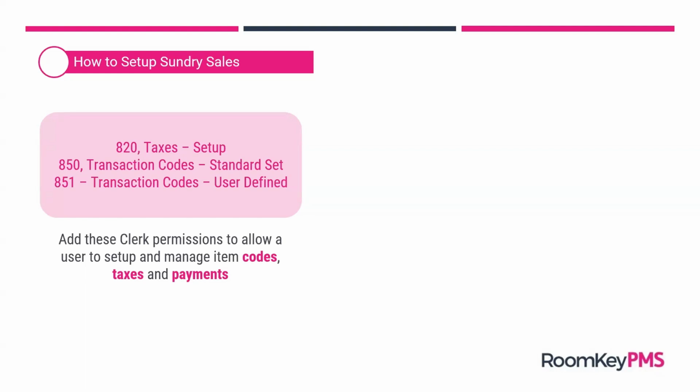So within the Sundry Sales module, whenever you record a sale, it's going to be based off of individual transaction codes. So a simple setup might have just a transaction code. You can give it a custom name, but here I'm just using the example Sundry Sale.